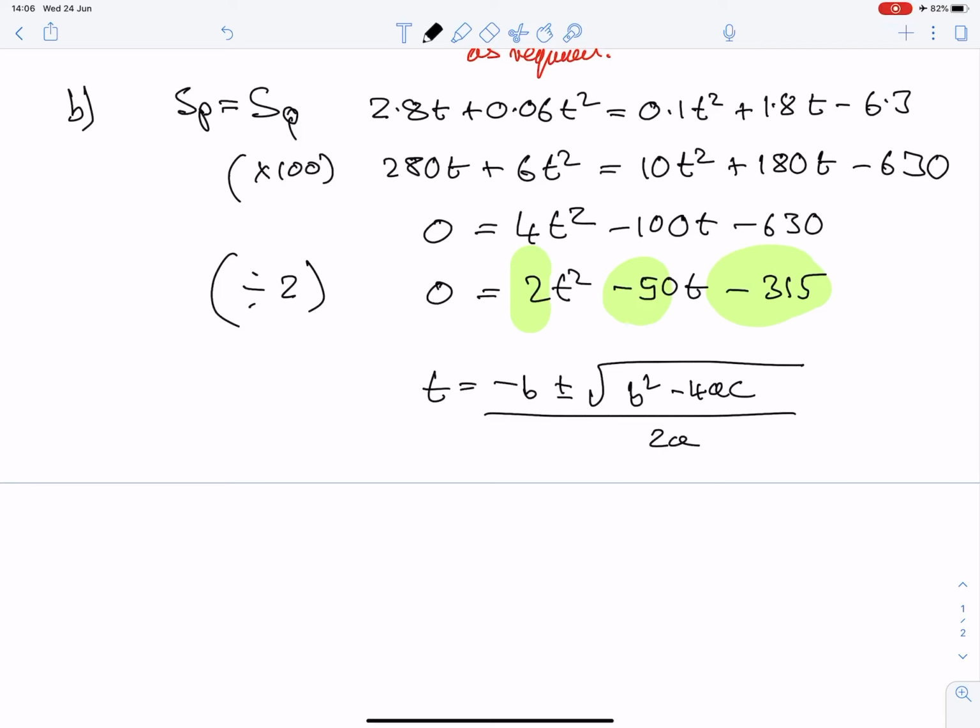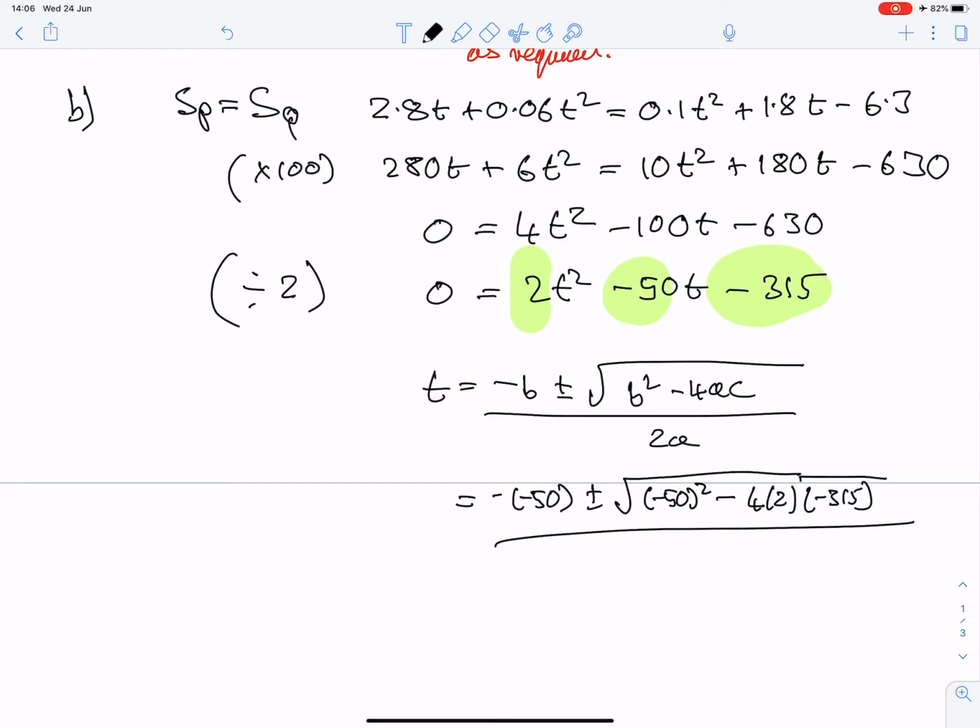Right, you really should show this line with it substituted in. So negative 50 plus or minus the square root of negative 50 squared minus 4 times A times minus 315 for C, all over 2 lots of A, which is 2.